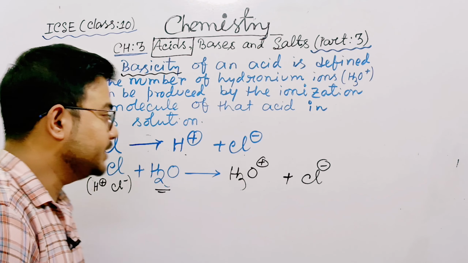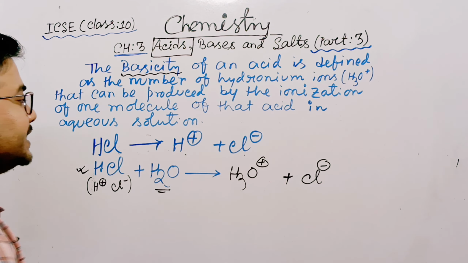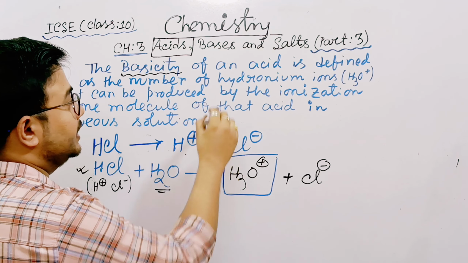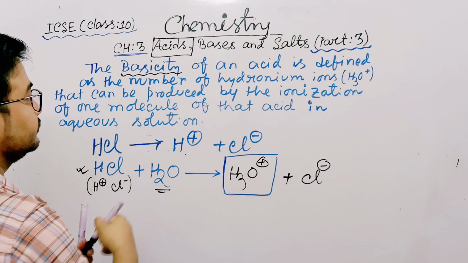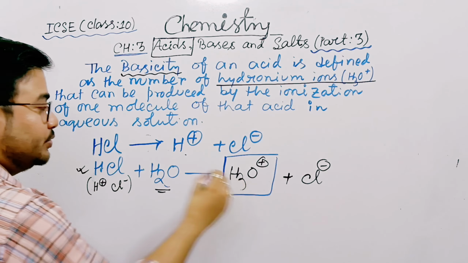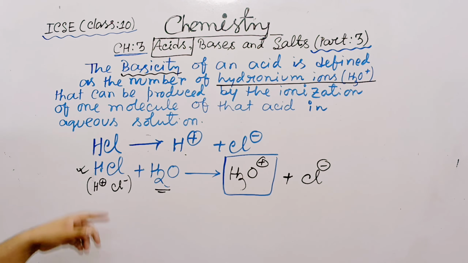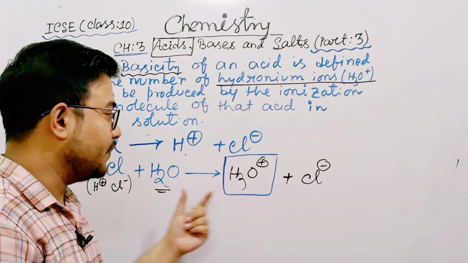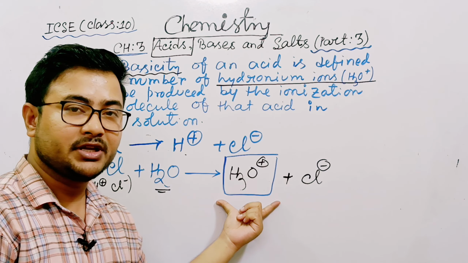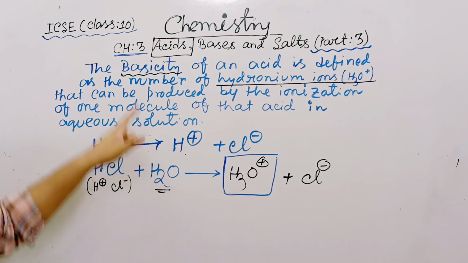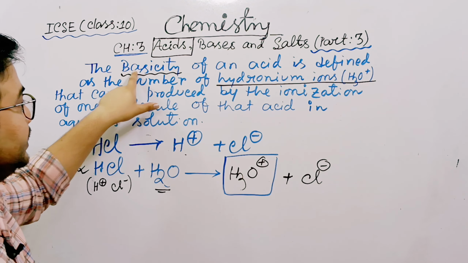Okay, so now tell me, what is the number of hydronium ions? This is called hydronium ion. So when you dissolve this HCl into water, what is the number of hydronium ions produced? Only one, not more than one. So that is why, what is the basicity? Again read.